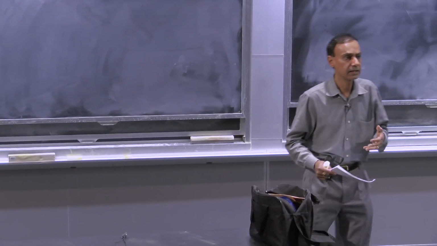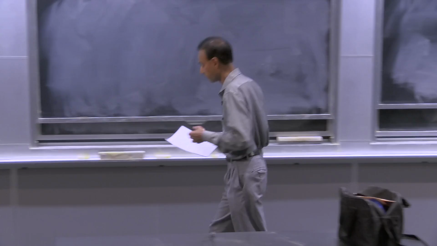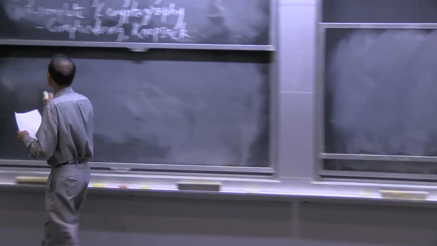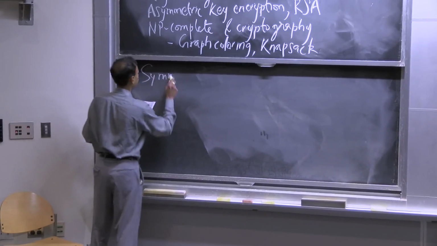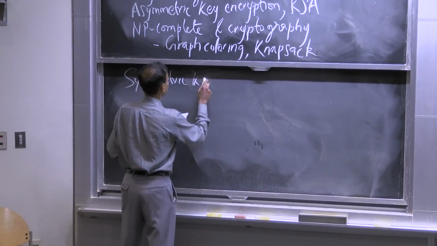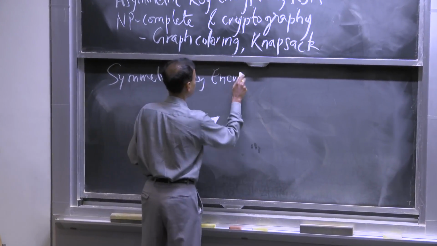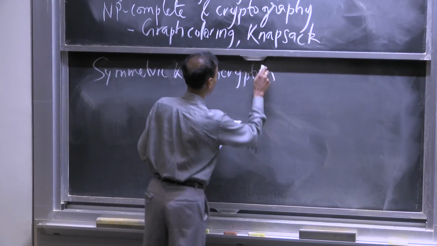And we'll talk about that at the end of the lecture. We'll probably spend a bunch of time on that. So let's get started with symmetric key encryption, which is at some level kind of boring from a mathematical standpoint, so we won't spend a lot of time on it.